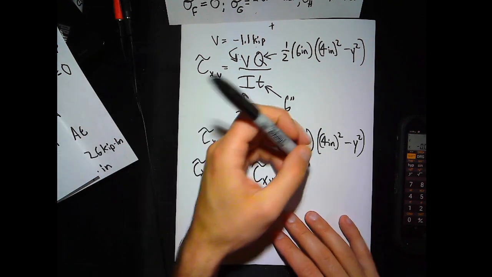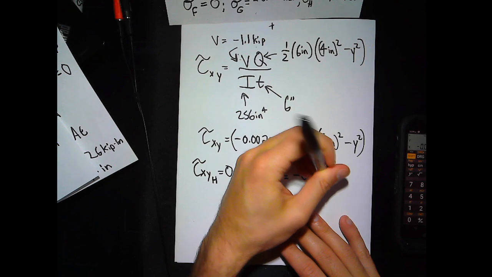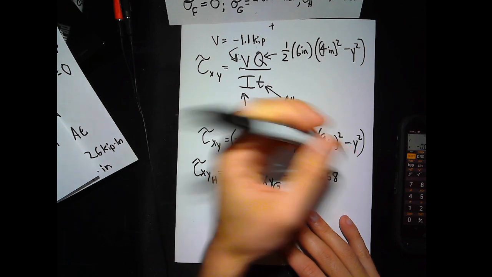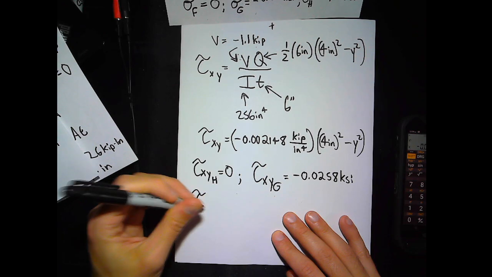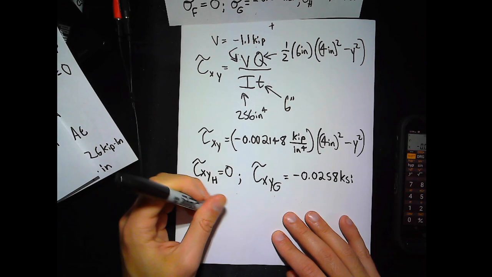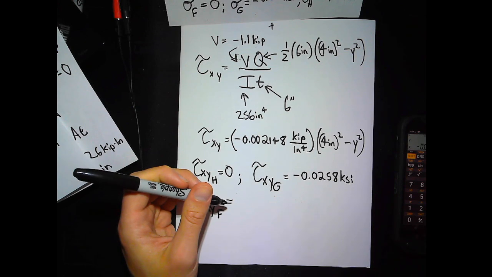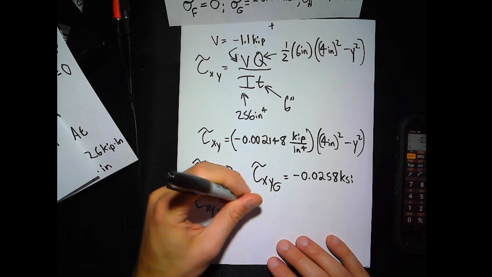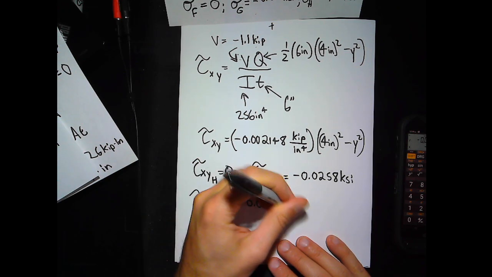So that gives us negative 0.0258 KSI. And shear stress at F, y is 0 at that point, is 16 times that, which gives us negative 0.0344 KSI.